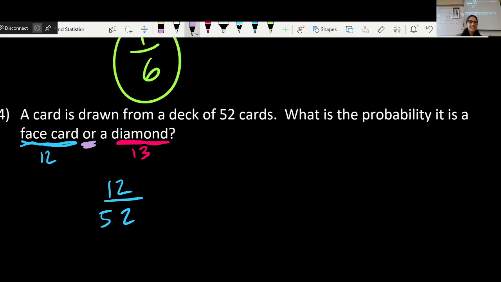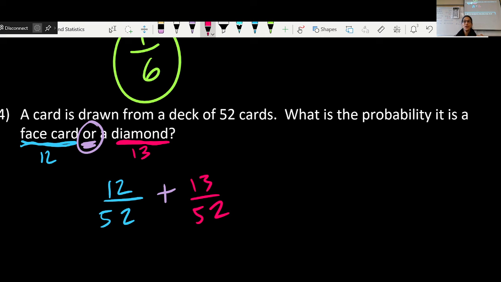The fact that it says or tells me that I'm going to add the probabilities of these things happening together. Let me clarify. Before, when I asked about rolling 2 4s together, those events were happening at the same time, so we multiplied. But now we're saying we want this or we want this. When it's or, we put a plus in between. So 13 out of 52.